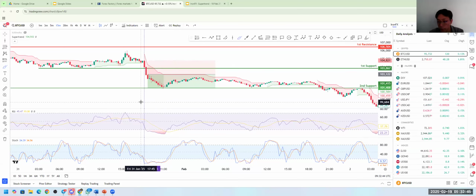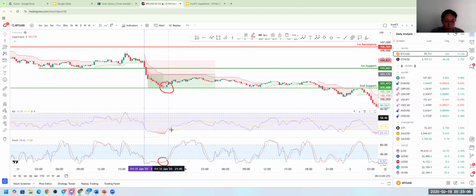But to not confuse you guys, I would say practice using RSI with moving average or stochastic with moving average. Because if you use RSI and stochastic together, sometimes you see one has a very nice crossover. Then you buy.